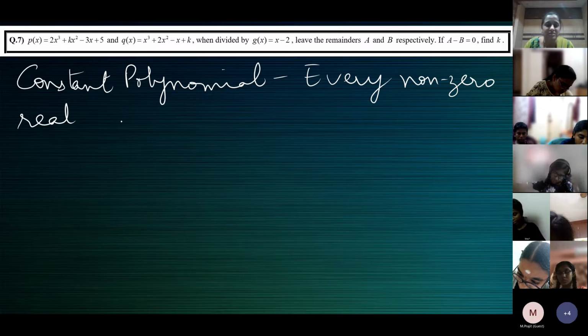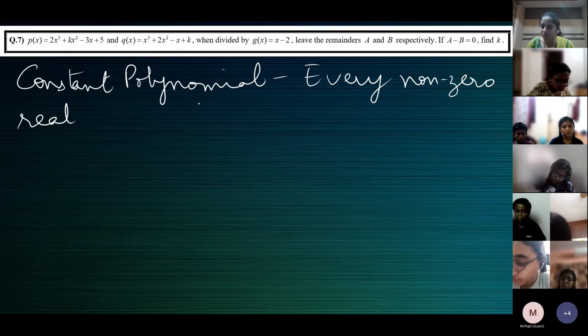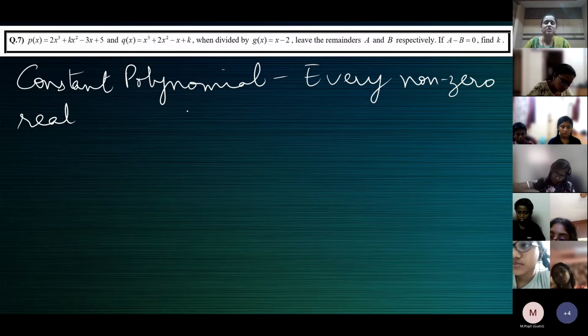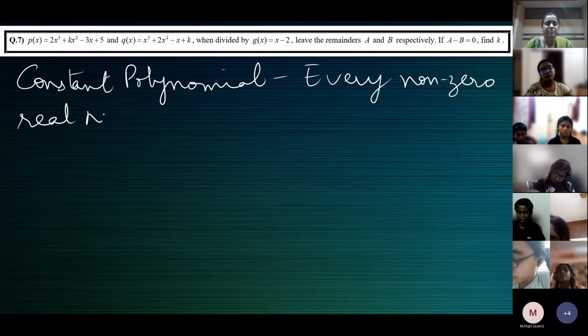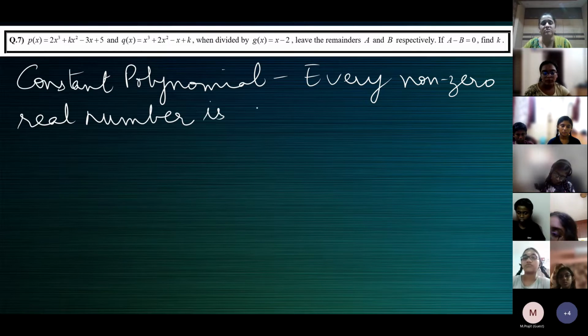Real number meaning numbers that exist. There are imaginary numbers, numbers that don't exist, that you will learn in standard 11 and 12. So we will be talking only about real numbers, rationals and irrationals. Every non-zero real number is called a constant polynomial.